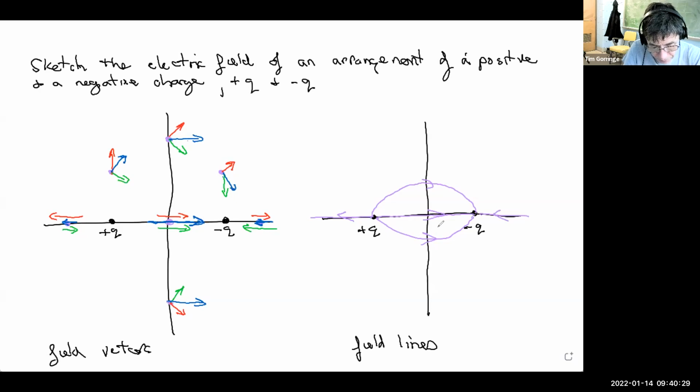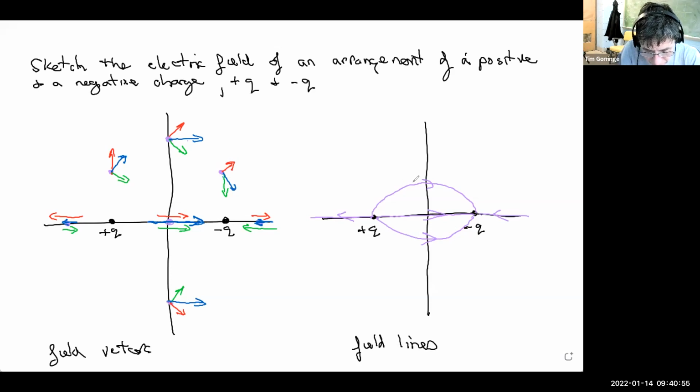left to right. Now on the left-hand side of the vertical line, we see that the field is not simply pointing from left to right, it's pointing somewhat up. And we see on the right-hand side of the vertical line, the field is also not pointing simply left to right, it's now pointing somewhat down. And that's what I've also sketched here, right?